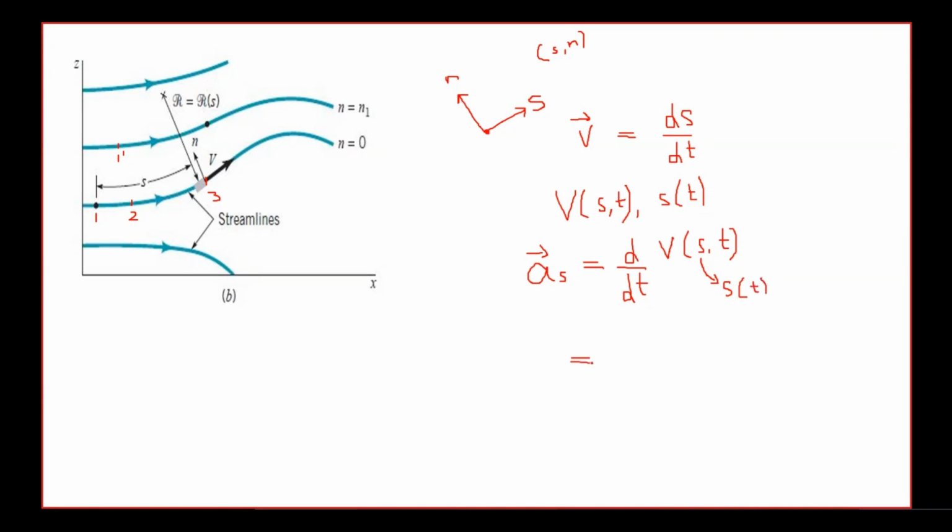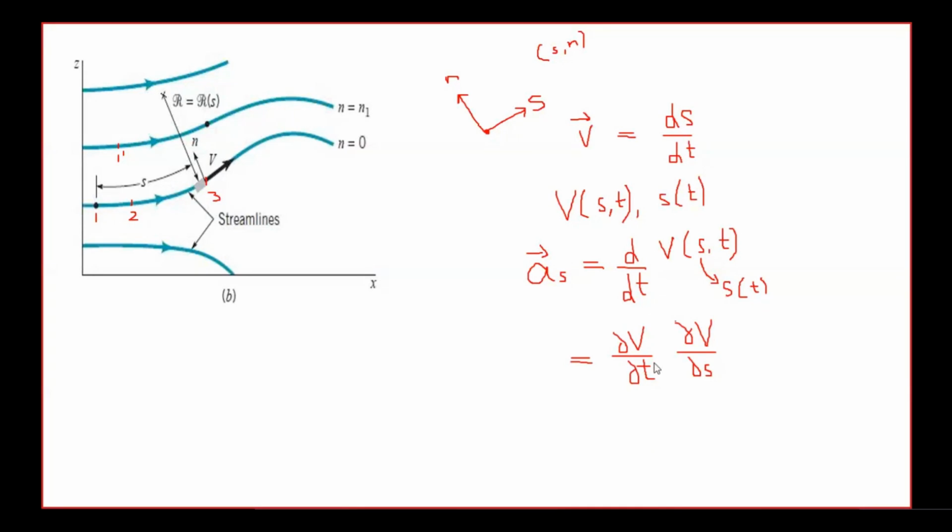We will take the partial derivative of velocity with respect to time, and because s is also dependent on time, we'll take the differential of velocity with respect to s.